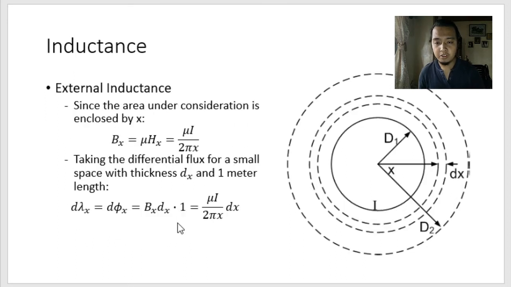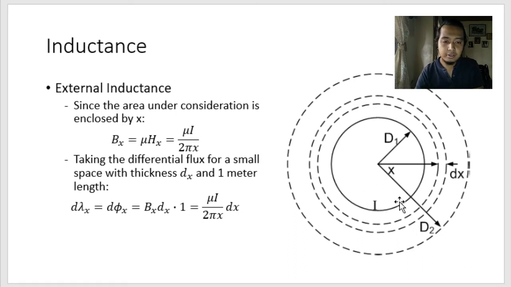Okay? So if we talk about the external inductance, your area under consideration is the one enclosed by x. So if we have this conductor, now let's talk about the area outside.